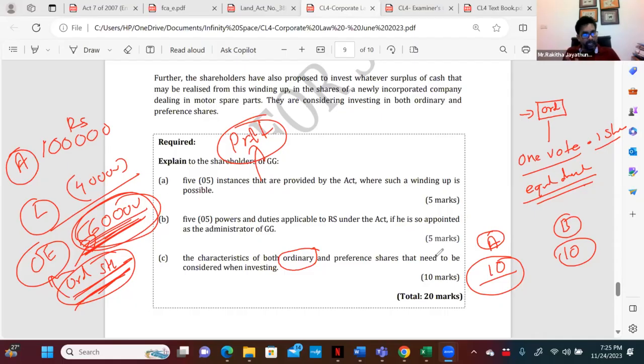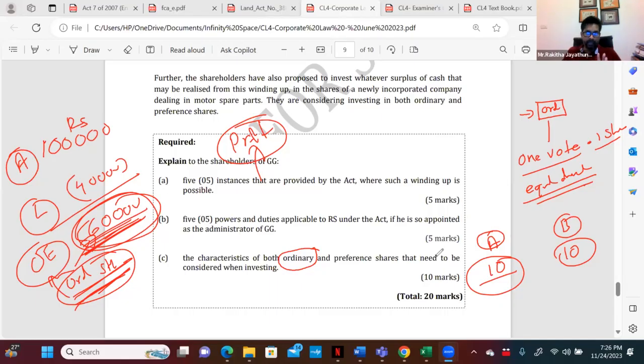And even when you're winding up a company, their capital must be returned first before the ordinary shareholders. So the preference shareholders are entitled to receive their capital before the ordinary shareholders. That's why we call it preference.